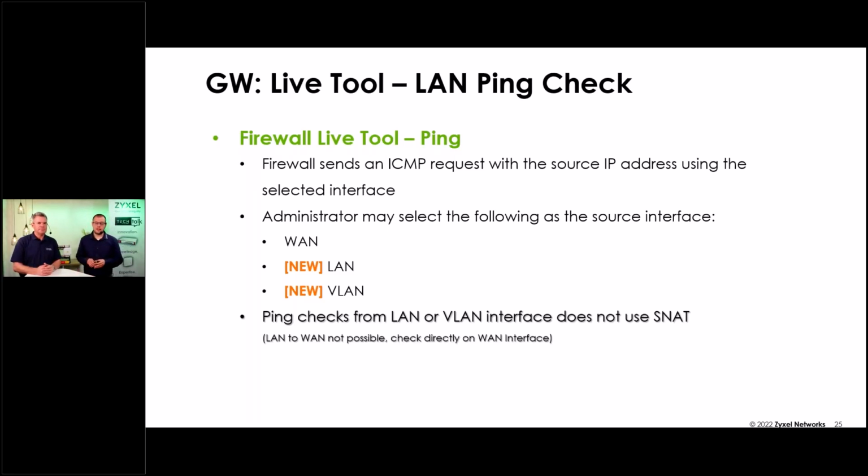Important here is that the ping checker does not take into account SNAT. So, for example, a LAN to WAN ping will not be possible. For that, you still have to use the WAN interface, because in that case, it would be more like a traceroute and not a purely ping test. But that's just on a side note here.